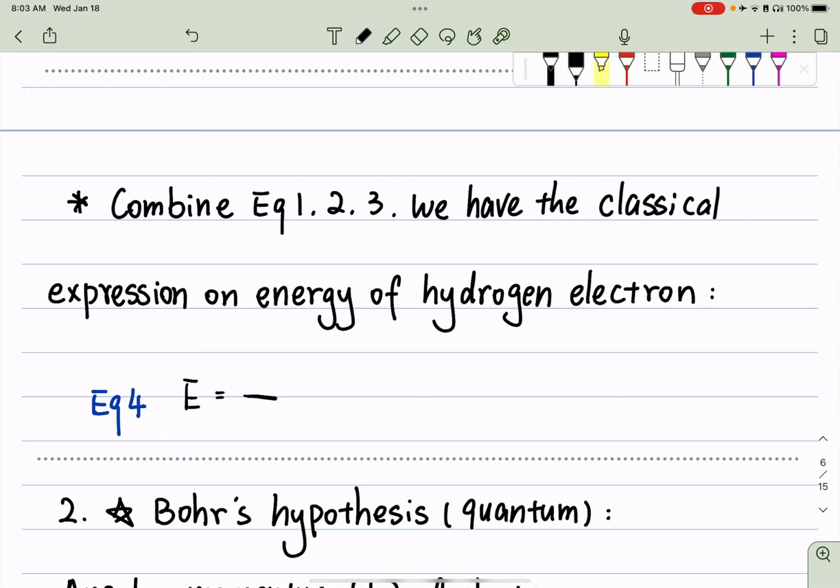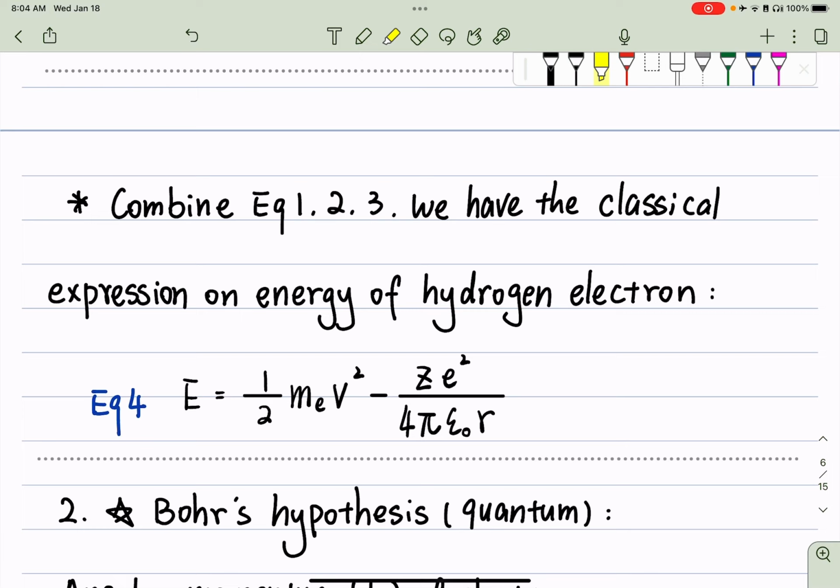So that's E equals 1/2 mass of the electron times velocity squared minus Z e squared, where e is the charge of the electron and Z is the atomic number, over 4 pi epsilon naught r, where r is the atomic radius. All right, so this is the classical expression of energy.